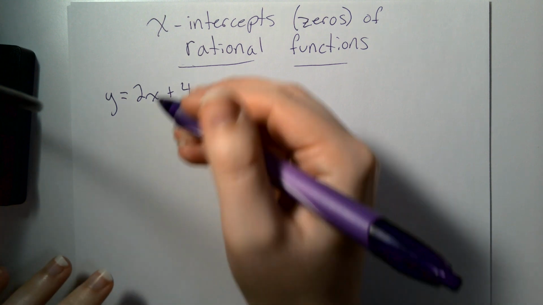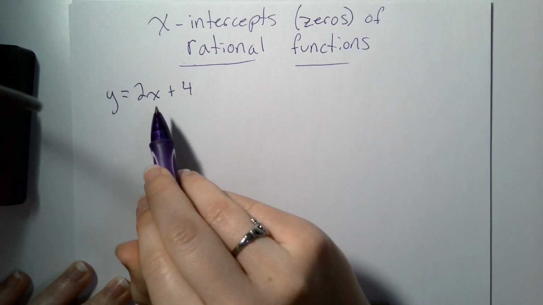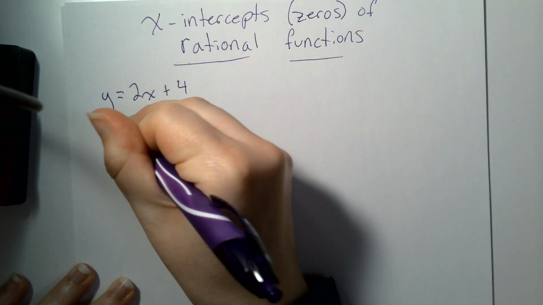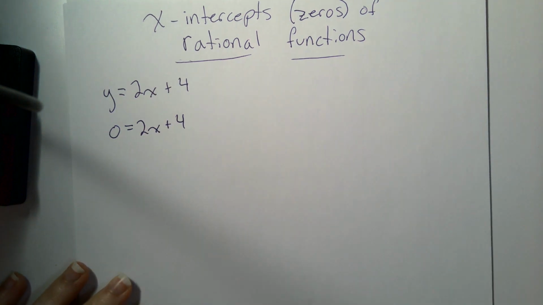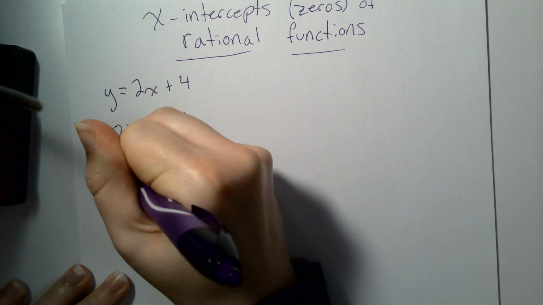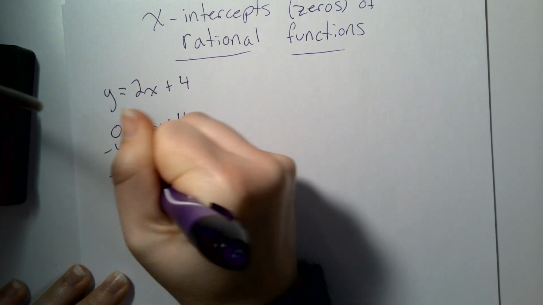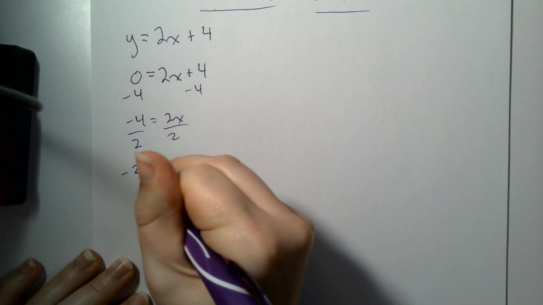If someone were to ask you what's the x-intercept of this function, what they're really asking is what value of x makes the whole function equal 0. So what is the solution to 0 equals 2x plus 4? You can just solve that. You get negative 4 equals 2x, divide both sides by 2, and you get negative 2.